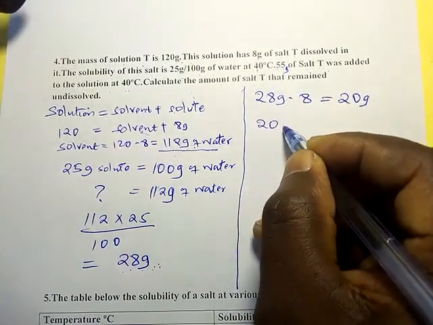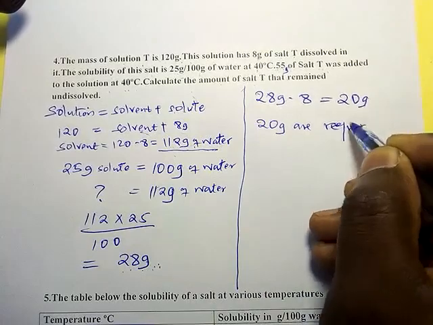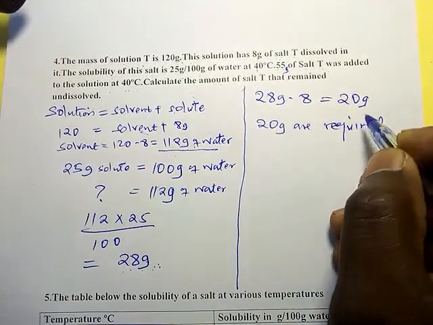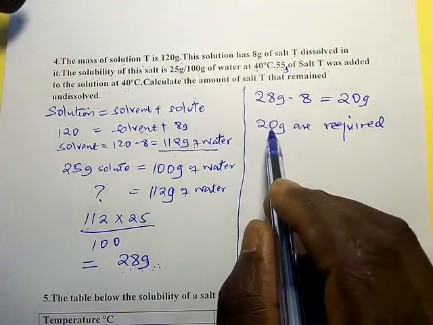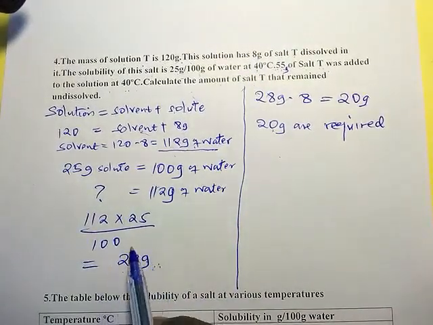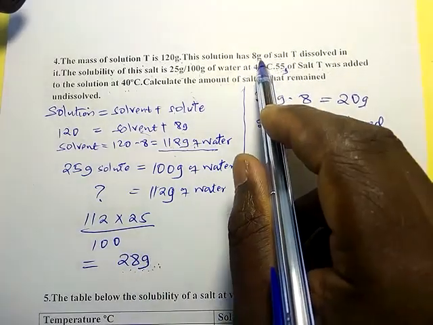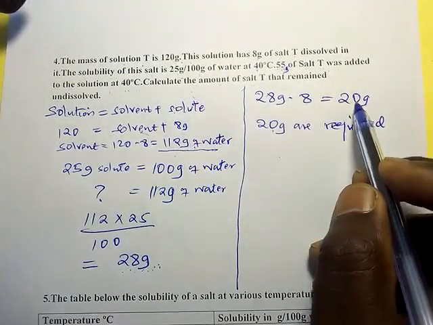So 20 grams are required. We don't need 55. We only need 20 because already 8 is there. The total mass we need to get our solution saturated is 28. We already have 8 grams in the solution. The remaining amount is 20.